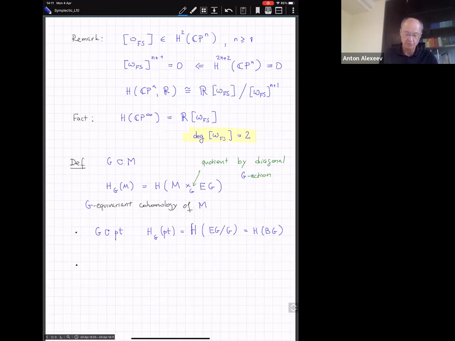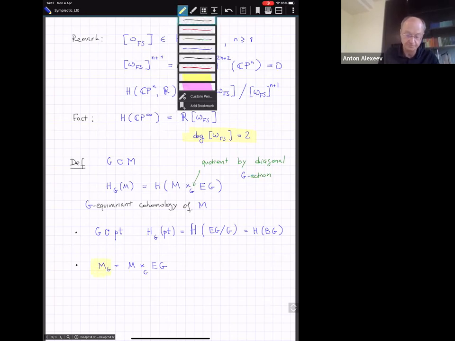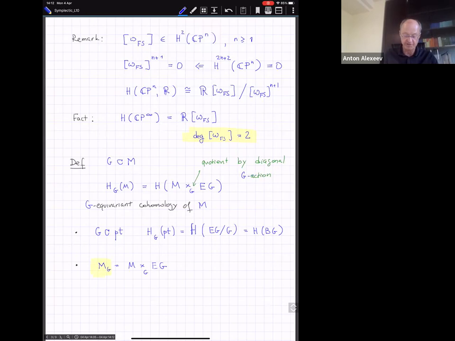Now one more idea. This product of M and EG divided by the diagonal G action has a special notation, M_G. There are several maps from M_G to various other spaces. In particular, there is always a map to EG mod G, which is BG, so we just forget the M part.